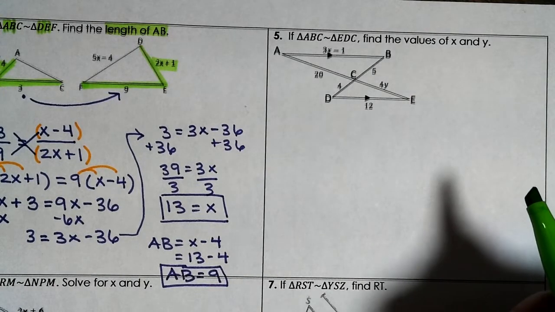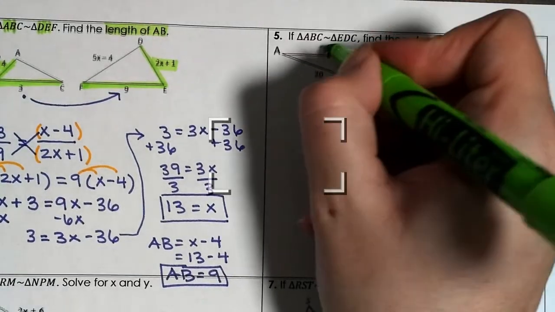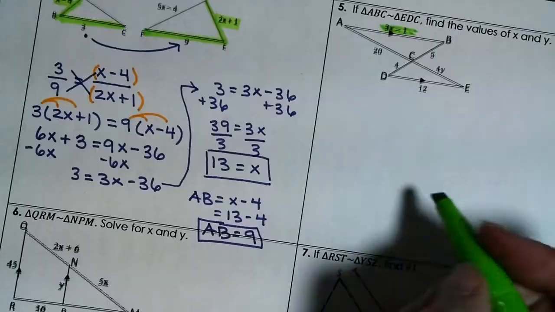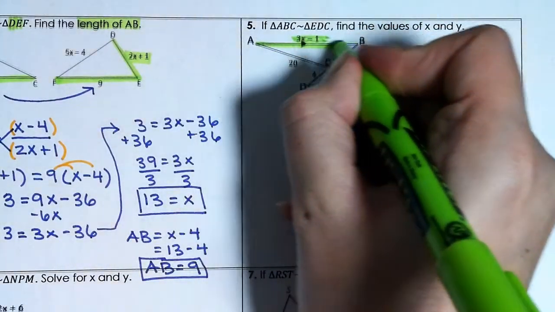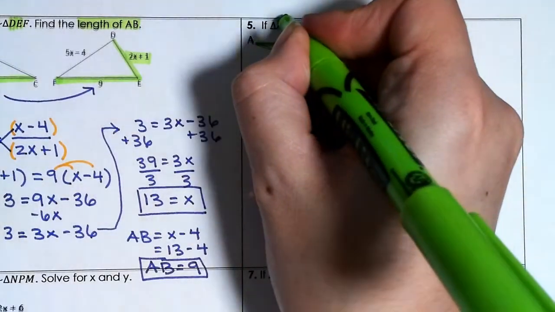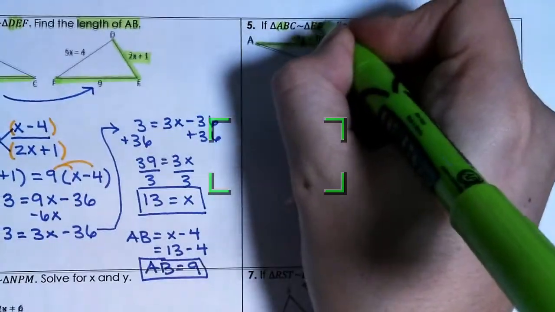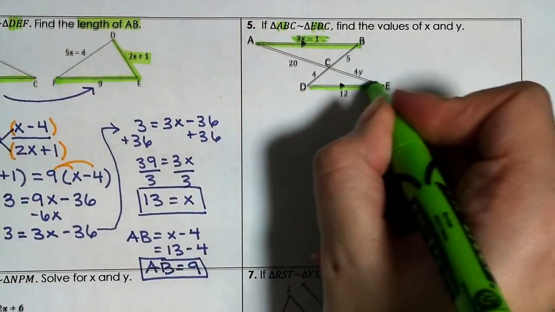All right, so let's see. Here is my x, 3x minus 1. And that is AB. AB, from looking at my similarity statement, is going to match with ED. ED, 12.